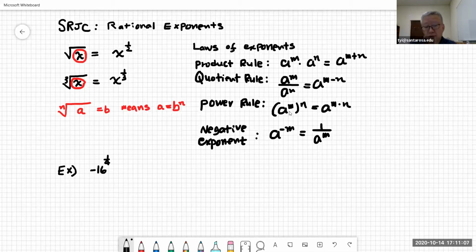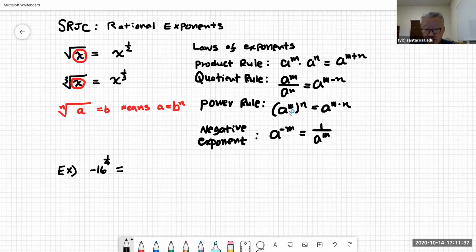If you want to evaluate something like this, the best way is to rewrite the base using the smallest base, like 2 or 3. And the second thing is how can I get rid of this 1/4? That's going to be the trick. So we have minus 16. How can I write the 16?